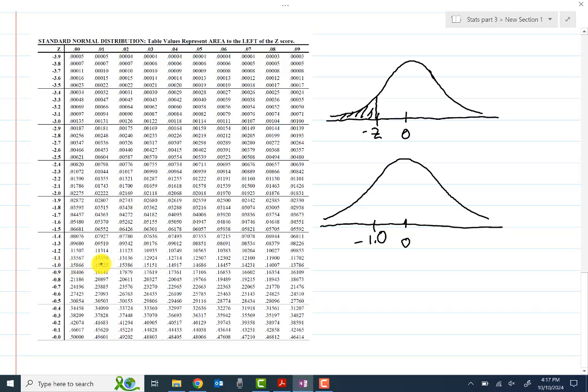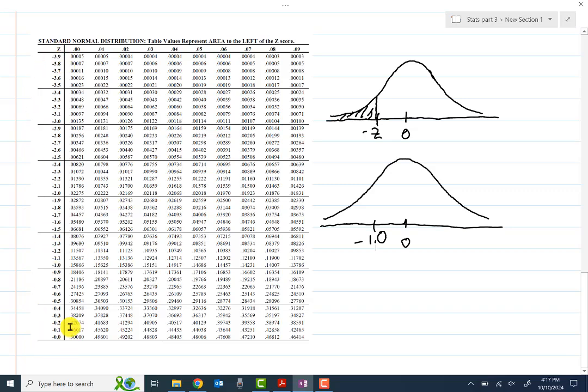Then if you go further to this next one, that would be if the number were at negative 1.01, negative 1.02, negative 1.03. On the other hand, if you were to go to negative 1.1, then this first slot represents negative 1.10, negative 1.11.